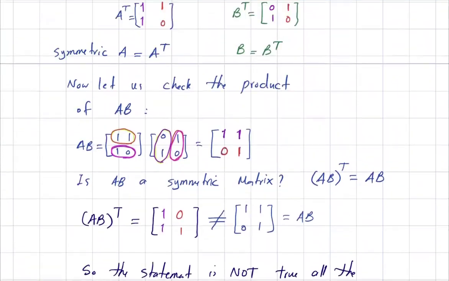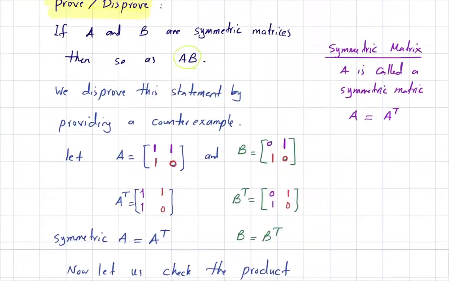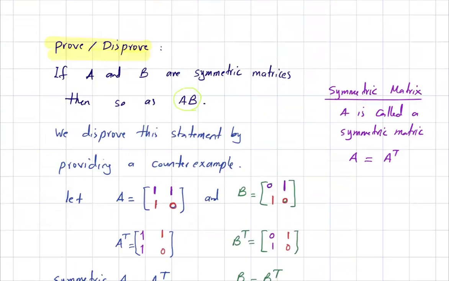Let us recap what we did. The statement was if A and B are symmetric matrices, then so is their multiplication. Remind yourself of the definition of a symmetric matrix. A is called a symmetric matrix if it is equal to its transpose.